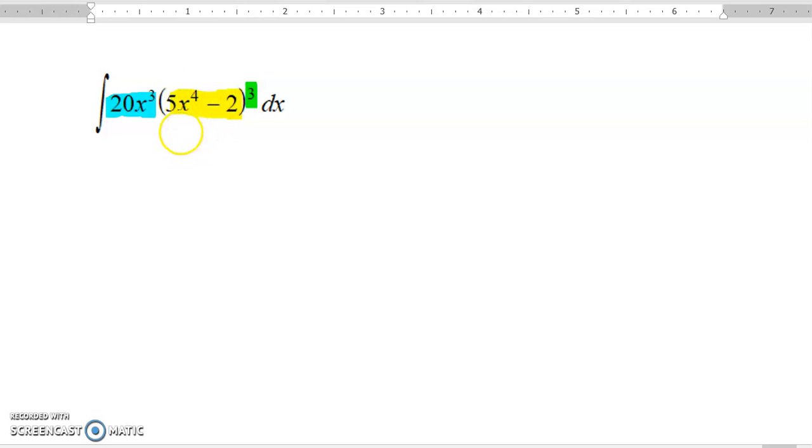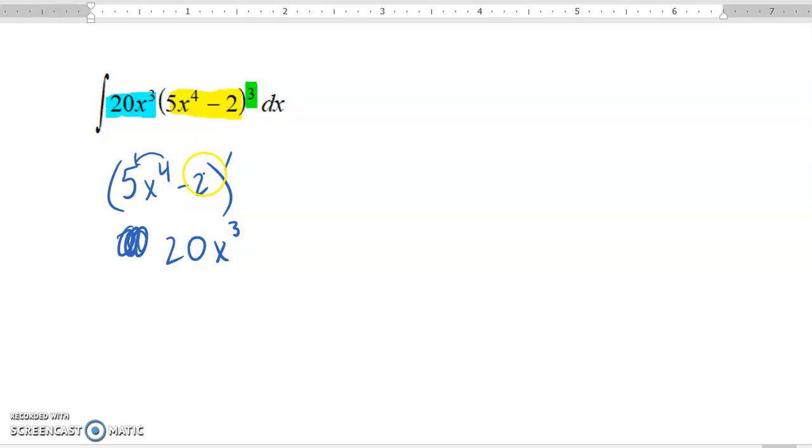If you look at 5x to the fourth minus 2, the derivative of that, using the power rule, would be 20x to the power of 3, and the derivative of a constant is always 0. So you can see that matches up with 20x to the third.